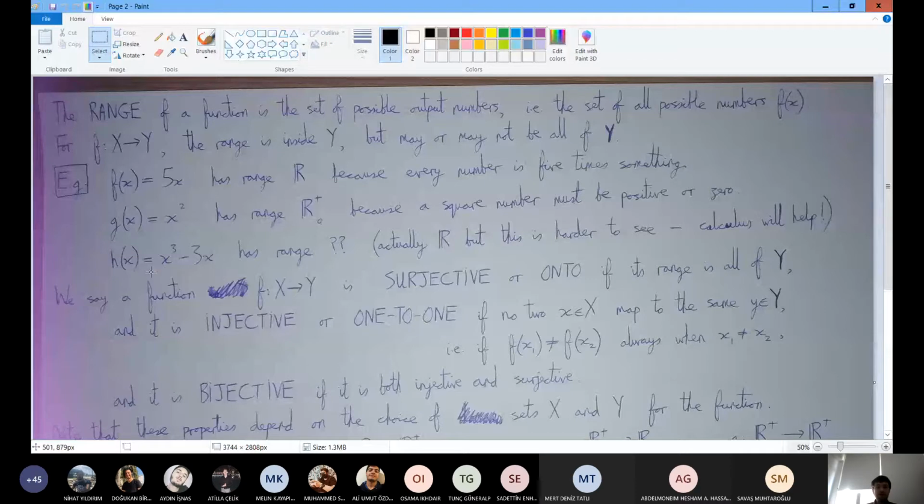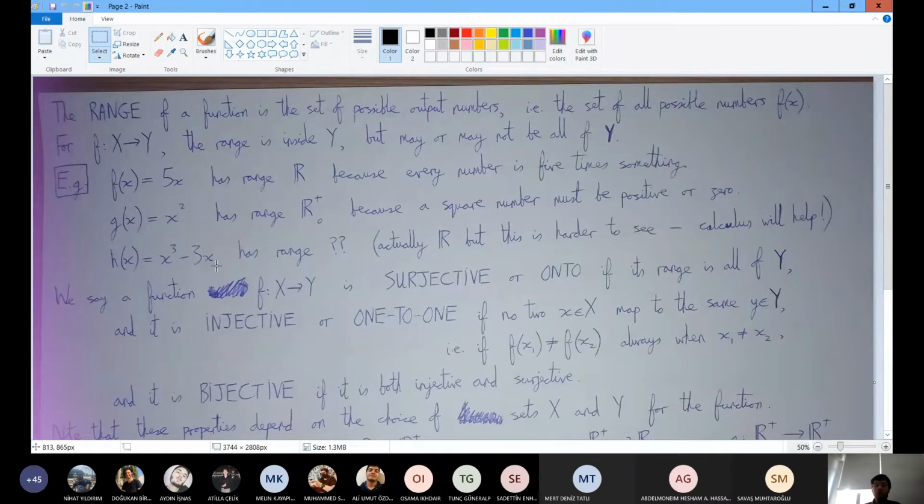This third example function, x cubed minus 3x, I'm using these 3 examples a lot because they show various types of behaviors. This example function has a range which is more difficult to find. Actually, the range is all real numbers, but this is not obvious. So you can't just look at this function and say any real number must be expressible as something cubed minus 3 times itself.